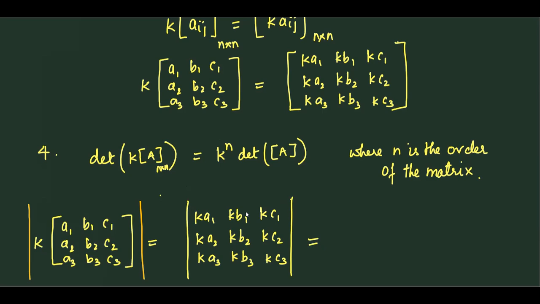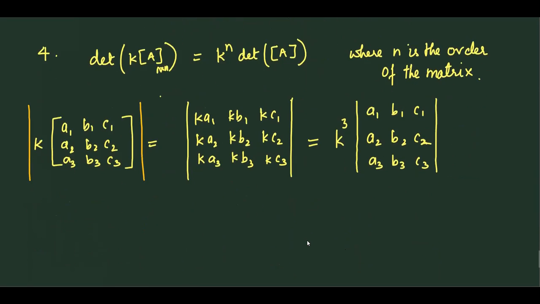Now from each row you can pull out K: K from the first row, K from the second row, K from the third row. You will get K cube times the determinant of A1, B1, C1, A2, B2, C2, and A3, B3, C3.